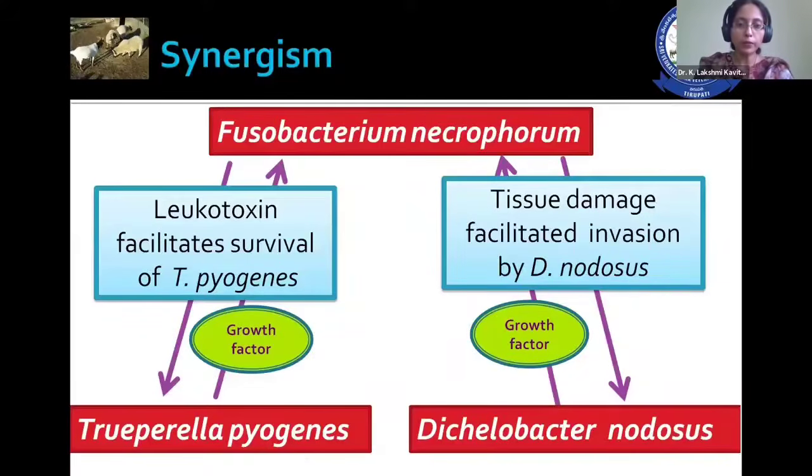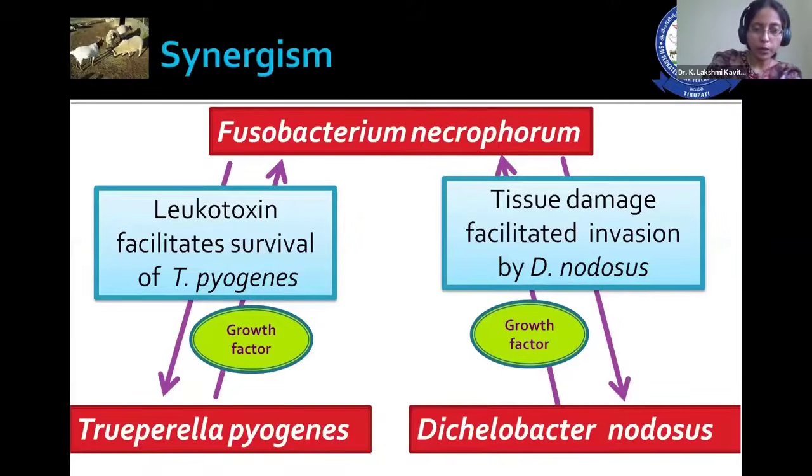The synergism between Fusobacterium necrophorum, Trueperella pyogenes, and Dichelobacter nodosus is very important for the higher prevalence of this disease. Fusobacterium necrophorum secretes leukotoxin, which facilitates the survivability of Trueperella pyogenes. Trueperella pyogenes is nothing but Arcanobacterium pyogenes, previously named Corynebacterium pyogenes.